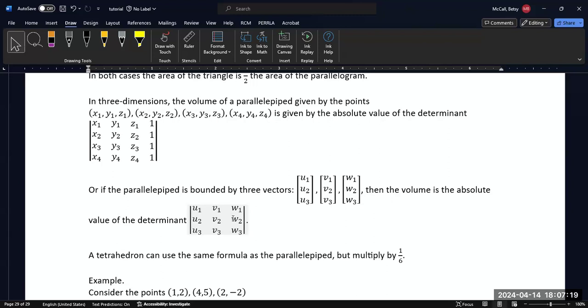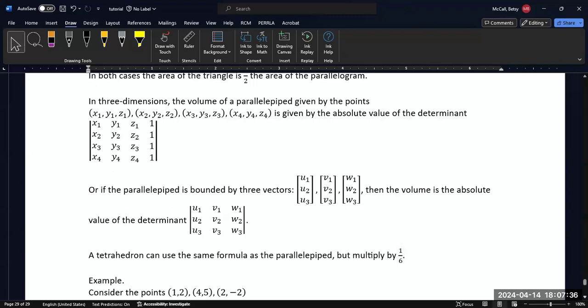And so the tetrahedron is not half of the volume of the parallelepiped. It is 1/6 of the volume of the parallelepiped. And again, both of these formulas will work just fine, but calculate the determinant and then divide by 6.